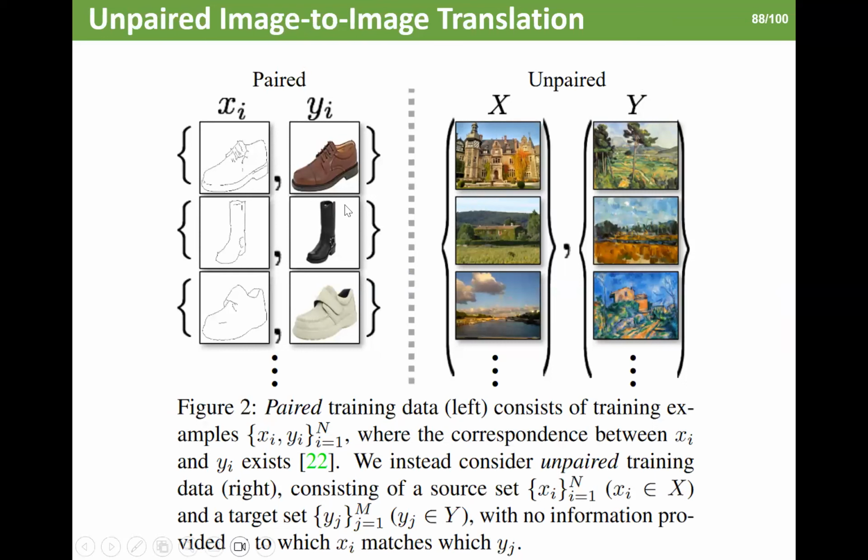You can imagine, for example, if you wanted to interpolate between a hand-drawn shoe and a real shoe, you could use this method if you have a bunch of real photographs of shoes. It's called an unsupervised method.